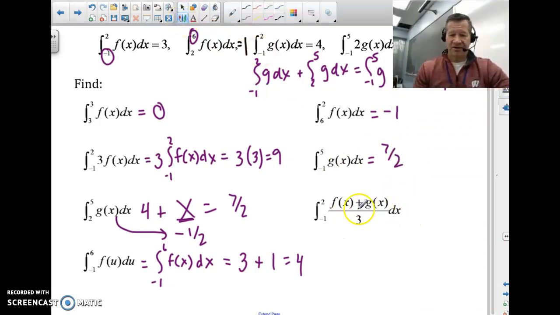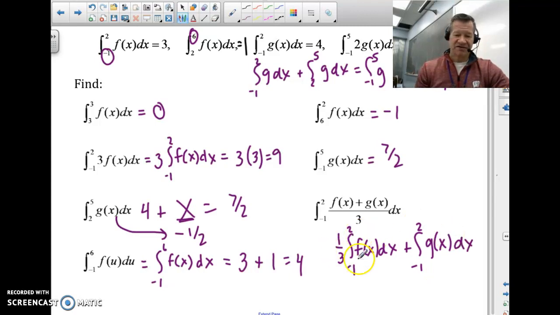So first, the constant multiple rule, you notice I have this 3 down here. Well, that means I could write this as 1/3 the integral from -1 to 2. And since I'm going f of x plus g of x, I can split those up into an f of x and a g of x, both from -1 to 2. And I made one mistake here.